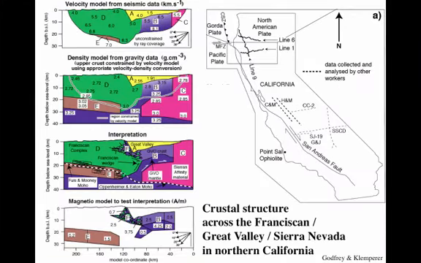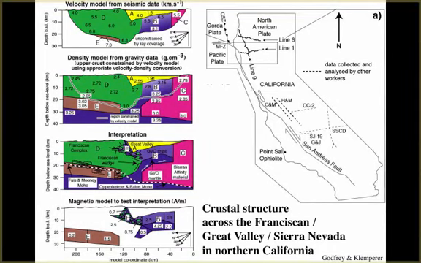Here we go looking at the Mendocino Triple Junction. So here's the San Andreas Fault coming out of the Salton Sea, coming north through San Francisco, Point Reyes, just offshore, and then to the Mendocino Triple Junction. These are seismic velocity models for the Mendocino area.